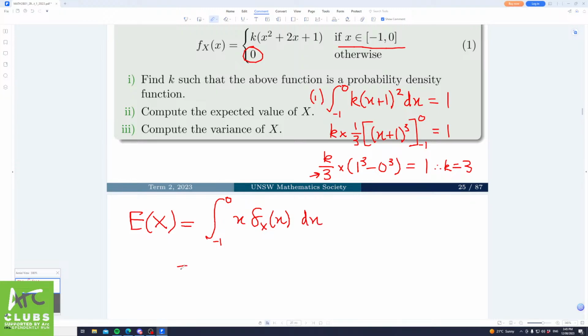And this is going to be equal to the integral from -1 to 0. We know that f of x is 3 times x plus 1 squared. So I could probably already take the 3 out. And I'm left with x times x squared plus 2x plus 1.